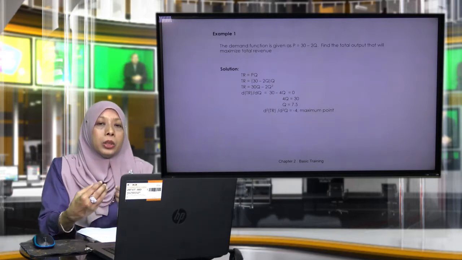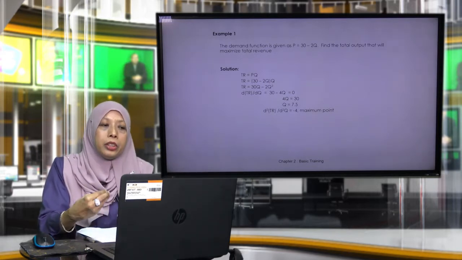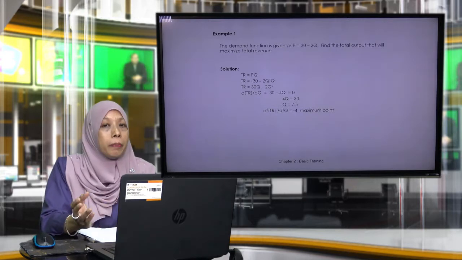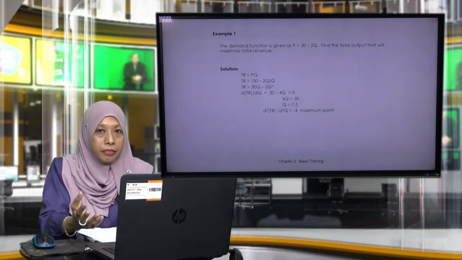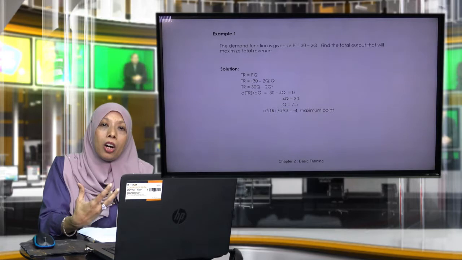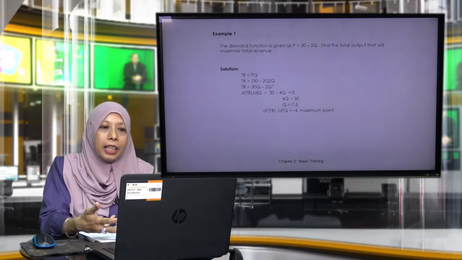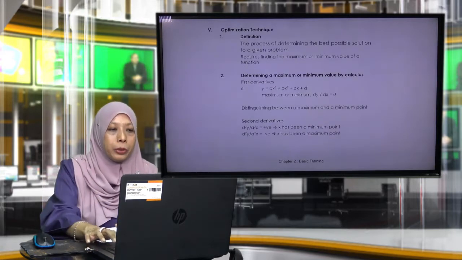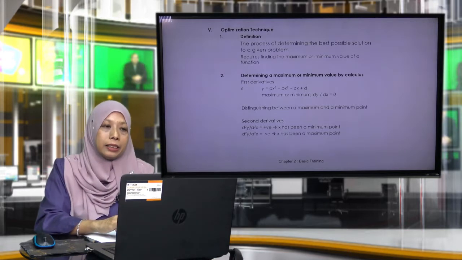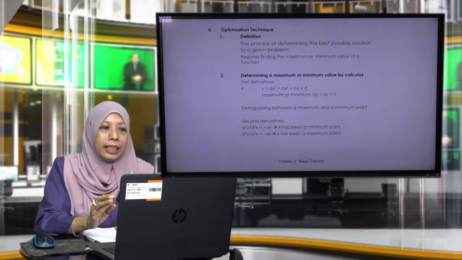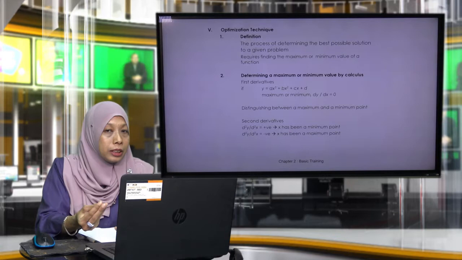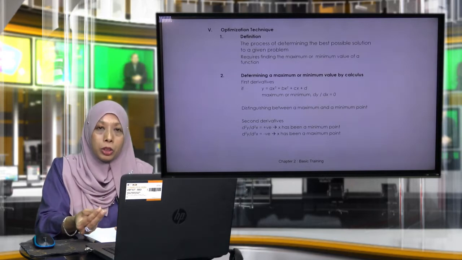So whenever you want to maximize or minimize a certain function, this is optimization. And if you refer back to the optimization definition, it says that this is a process of finding the best possible solution.